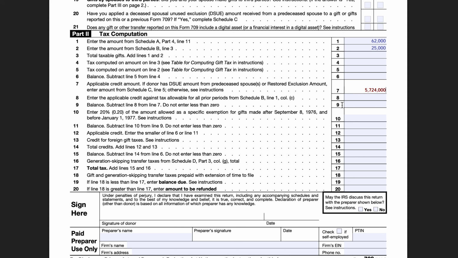And again, this is kind of a running tab for people that continuously file gift tax returns. You're just adding this year's layer of tax calculations onto a running tab when it comes to the gift tax return. So that's all we have for Schedule C.